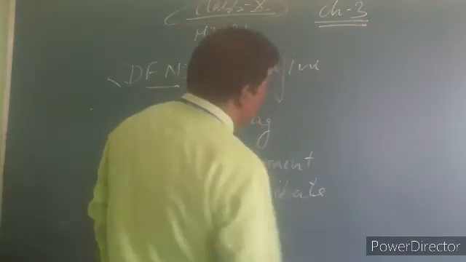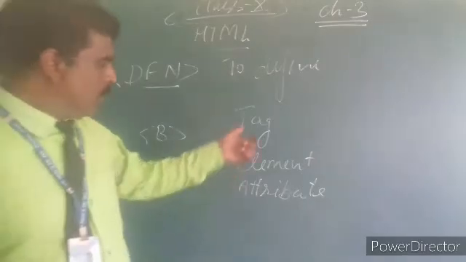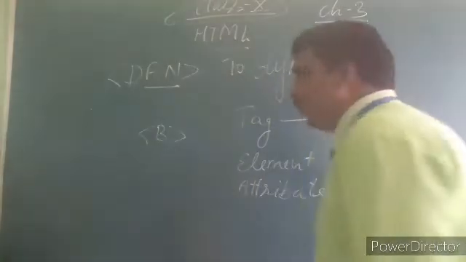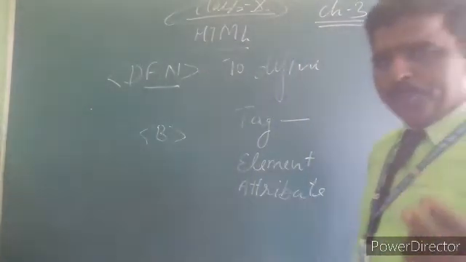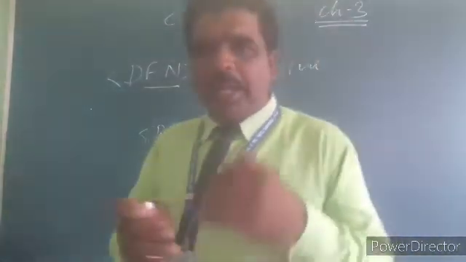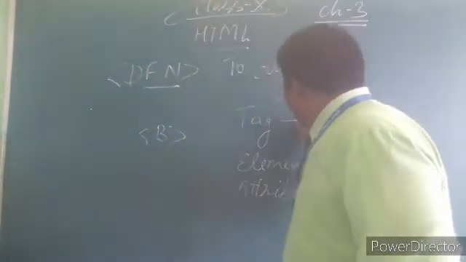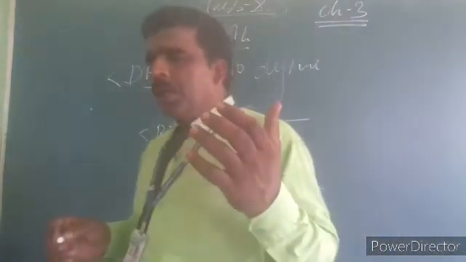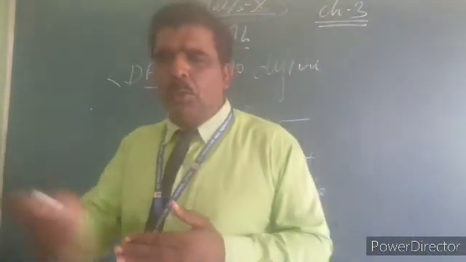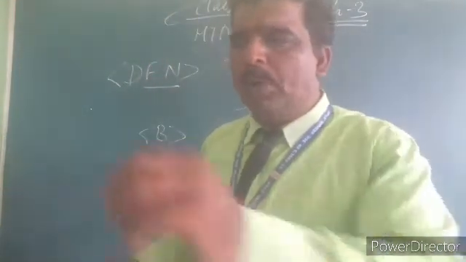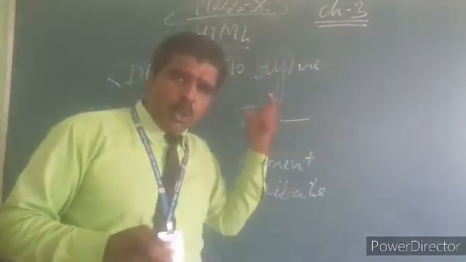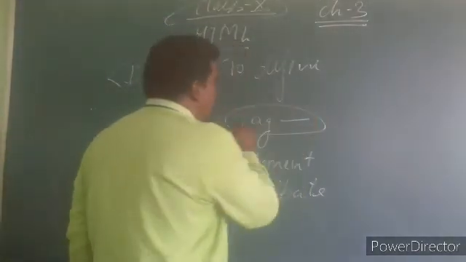See, three things are there: tag, element, and attribute. As you know, in the previous video I told you about tag. Tag is a command, and by the tag you give instructions to the computer that you have to do this thing, you have to do that thing. Those commands and instructions are given with the help of tag.